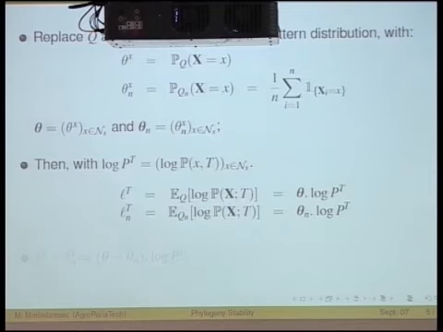And you have the same quantity, but defined in the empirical way. And it's quite easy to see then that the difference between the true likelihood of the model and its empirical version is just the difference theta minus theta n, scalar the vector log pt.